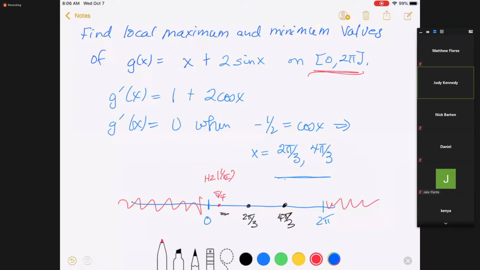So it'd be 1 plus 2 times 1 over the square root of 2. And actually, the only thing that's important is that it's a positive number. So the derivative is positive on that interval, and that means the function is increasing.